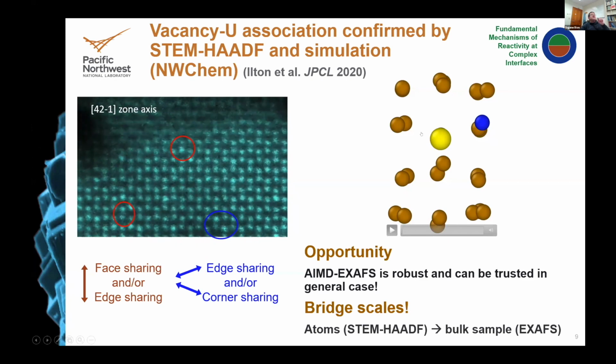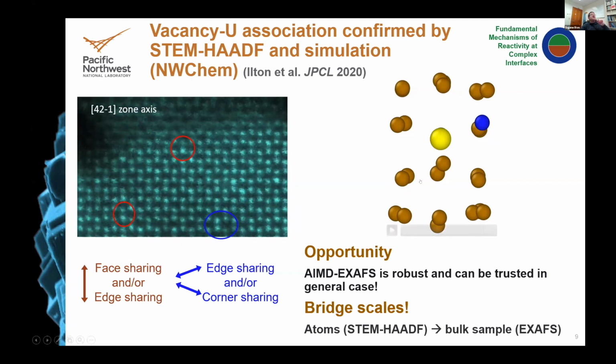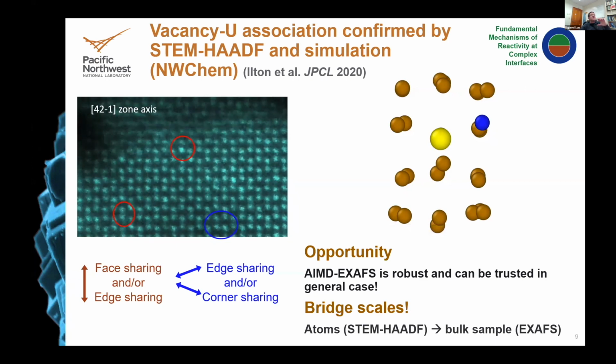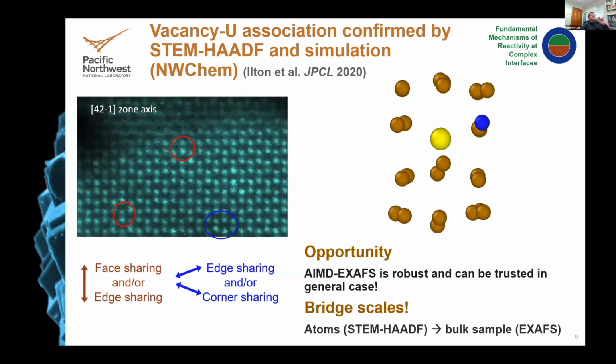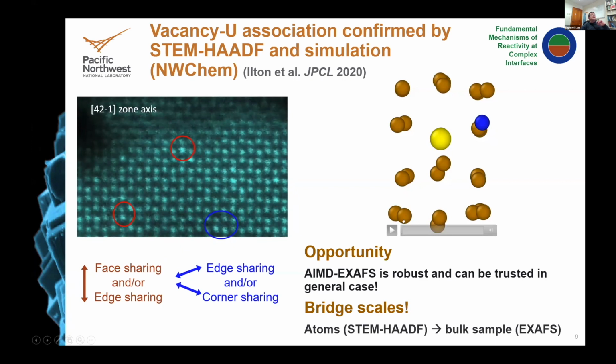On the right side, you'll see an AMD simulation of this process where we used the AMD-informed EXAFS configuration as a basis, and we just started raising the temperature until these atoms started moving around. The yellow is the uranium, blue is a mobile iron atom, and the brown are iron atoms in the structure. It's the same zone axis as in the experiment to the left.